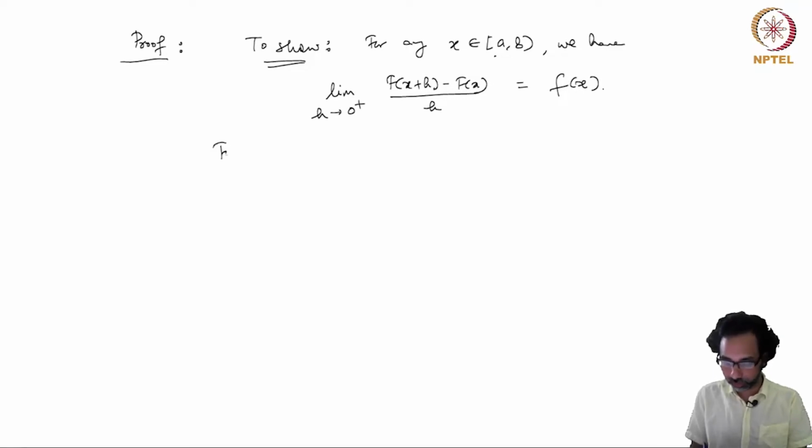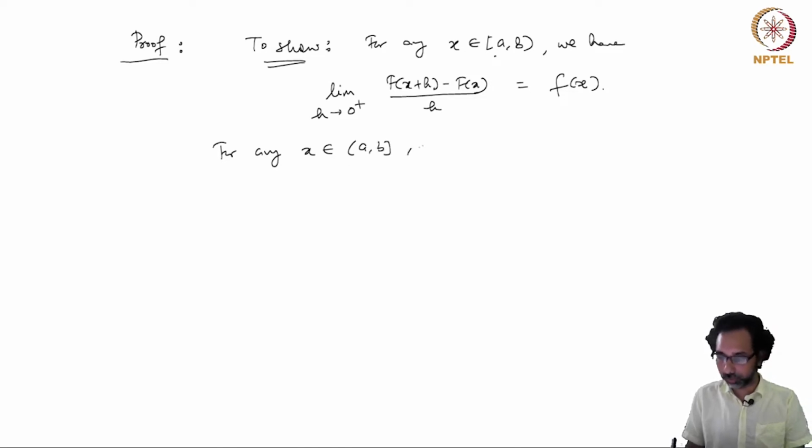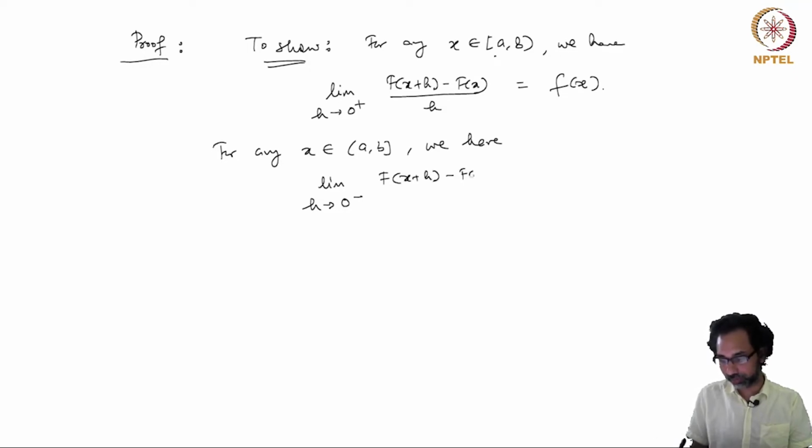Similarly, for any x in (a, b], with a excluded and b included, we should have that the limit as h tends to 0 minus, approaching 0 from the negative side, of (f(x+h) - f(x))/h is equal to f(x).